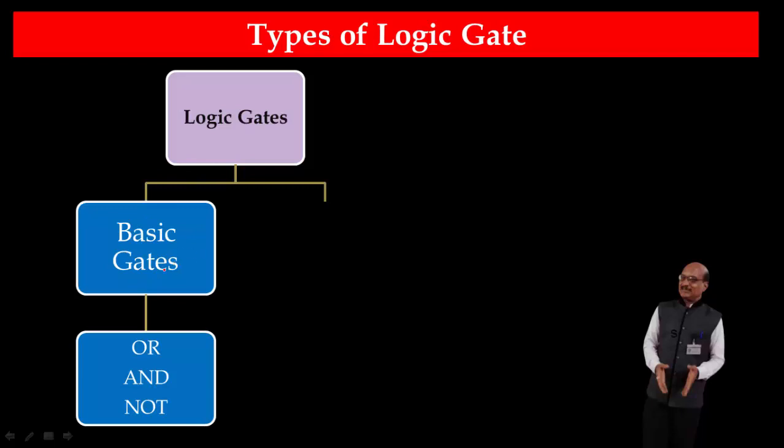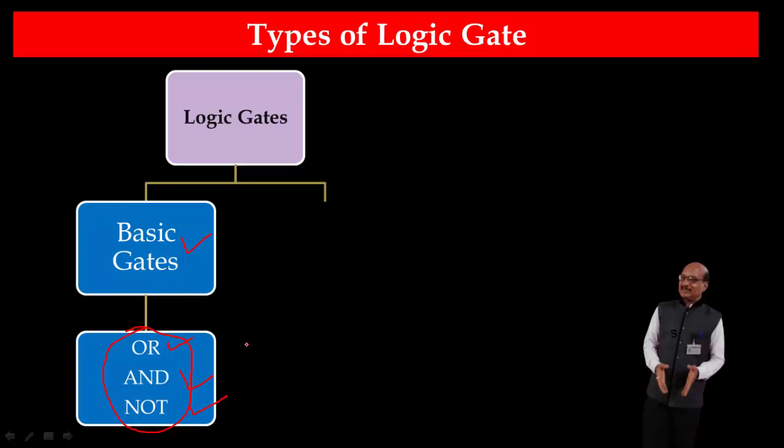So any other gates can be constructed by using 3 gates: OR gate, AND gate and NOT gate. So OR, AND, NOT gates are called as basic gates because by using these 3 gates we can construct any other type of gate, and therefore these gates are called as basic gates.